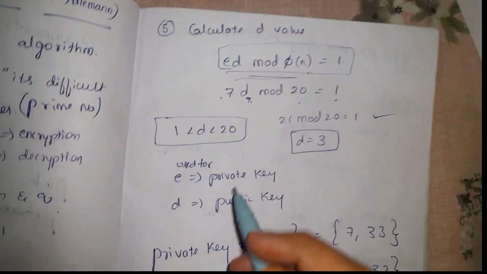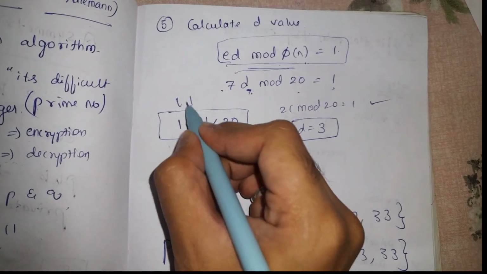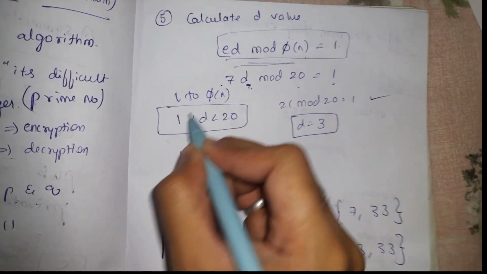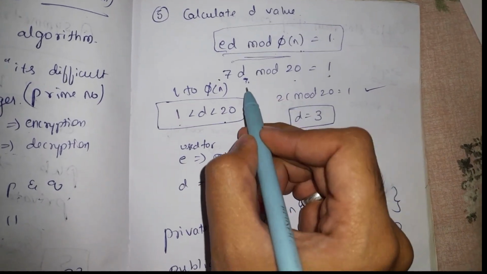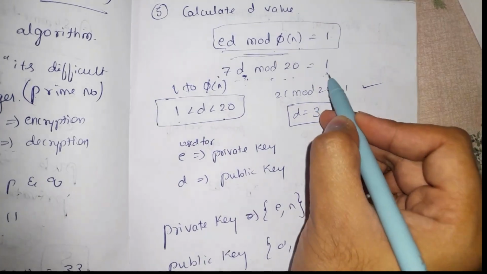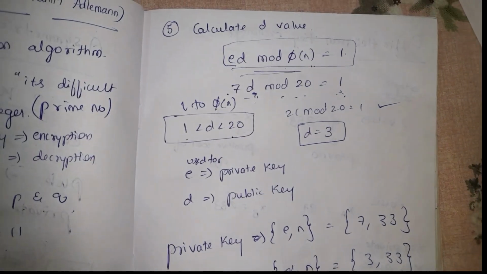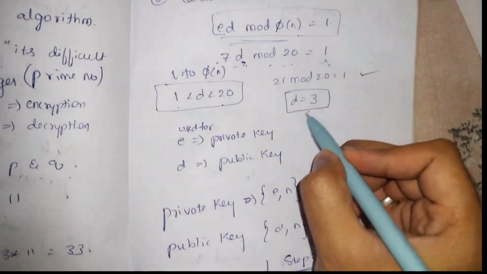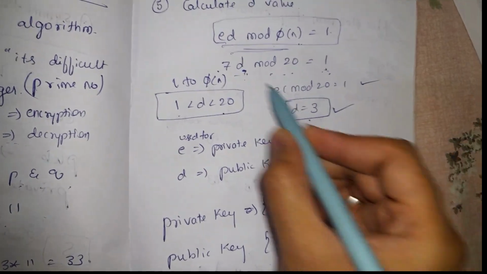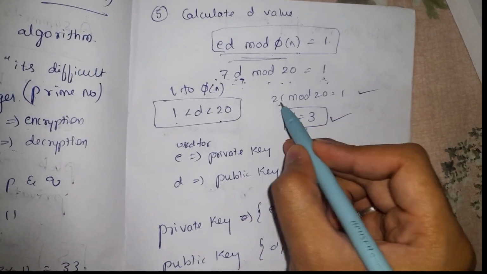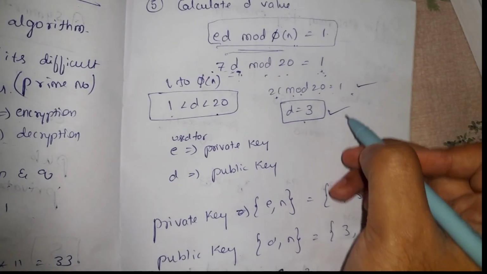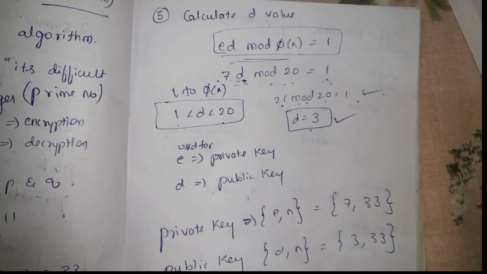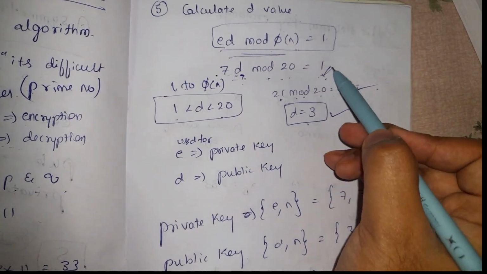And this should be between 1 and phi n, which means I need to choose a number from 1 to 20 such that this operation results in 1. So I have chosen my d value as 3. Look at this: 7 3s are 21, 21 mod 20. Mod represents the remainder of division, which will be equal to 1. The condition is satisfied. You can choose anything, but the net result should be 1.